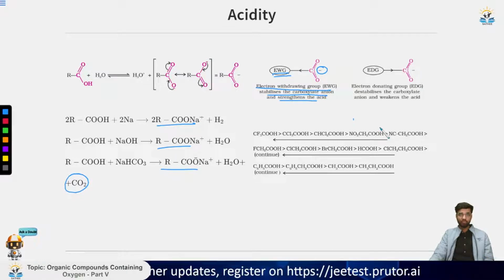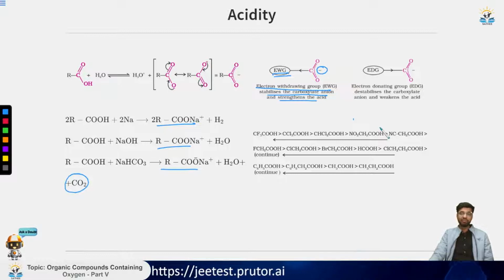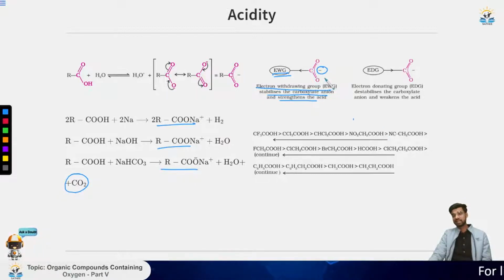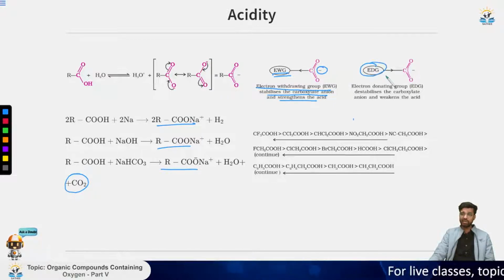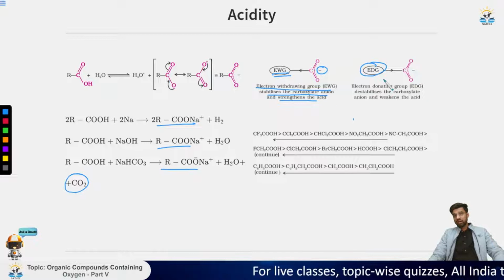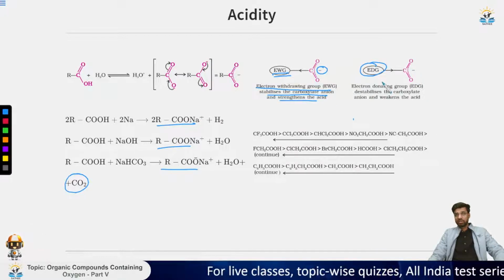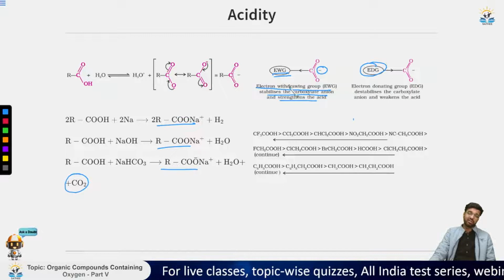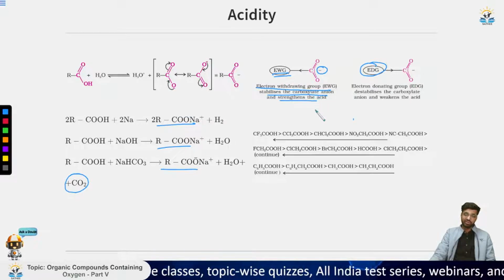But if you give more money to the richer one and less to the poorer one, the rich will get richer and the poor will get poorer, and there will be instability in the society. Think of it in a similar way: if something has a negative charge and you add an electron donating group, giving it more negative charge, you are disturbing its electronic neutrality. Similarly, an electron withdrawing group stabilizes the electron neutrality.